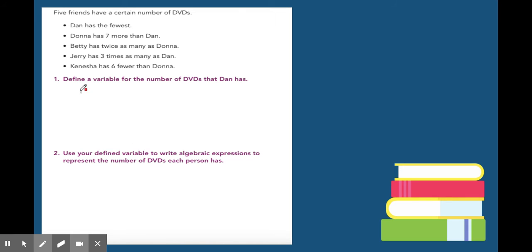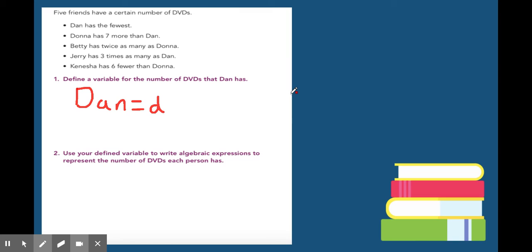Okay, so if we have Dan, we wanted to determine a variable. And remember, a variable is a letter. Actually, the real definition is a symbol, often a letter. So we mostly always want to go ahead and use a letter.